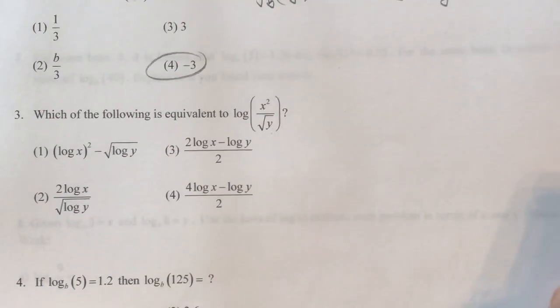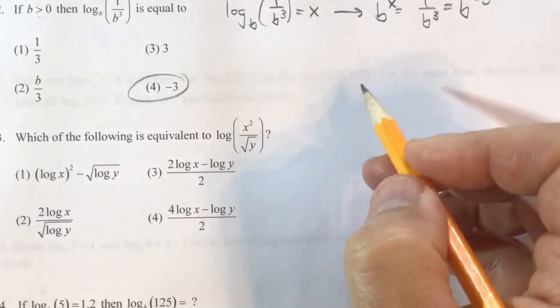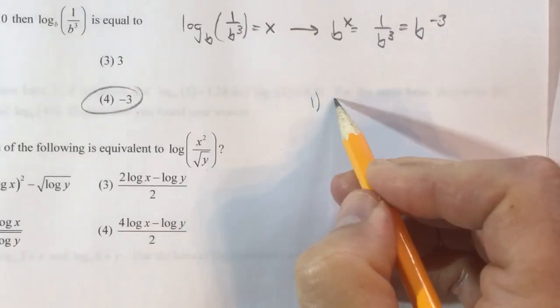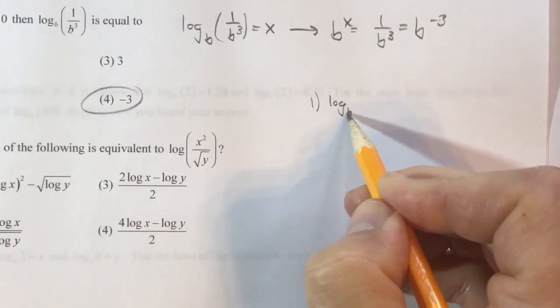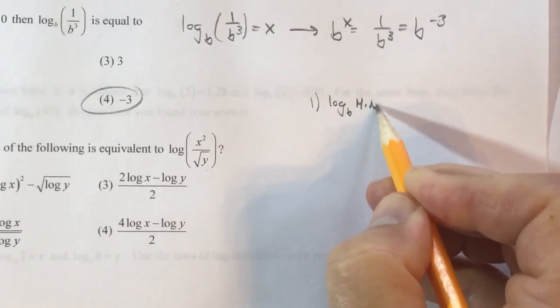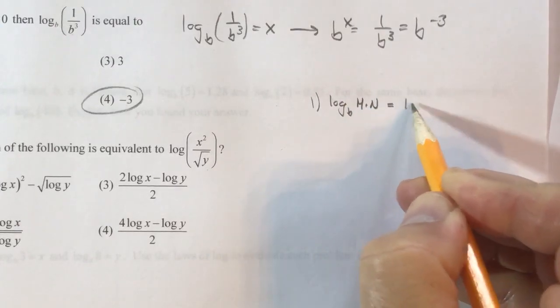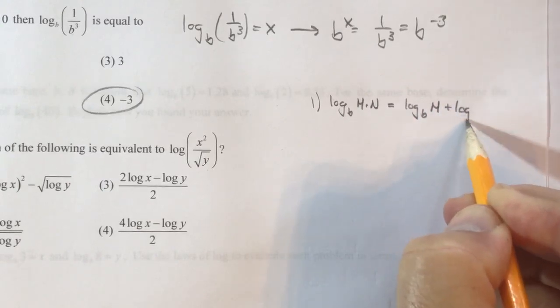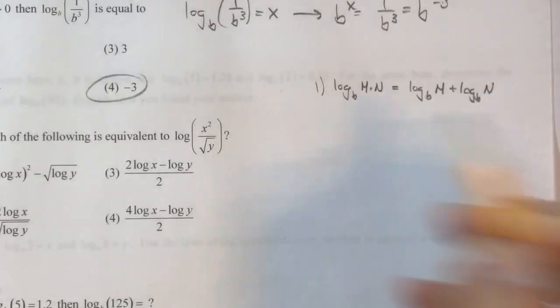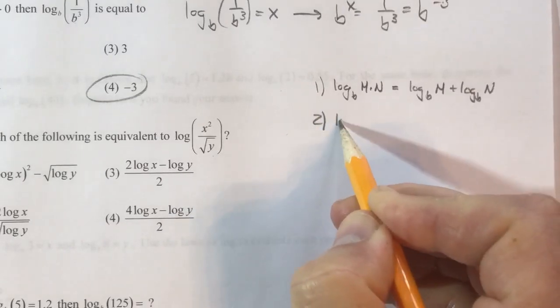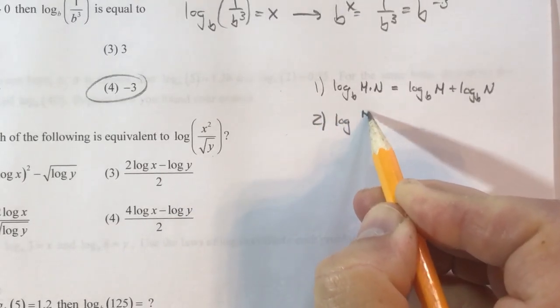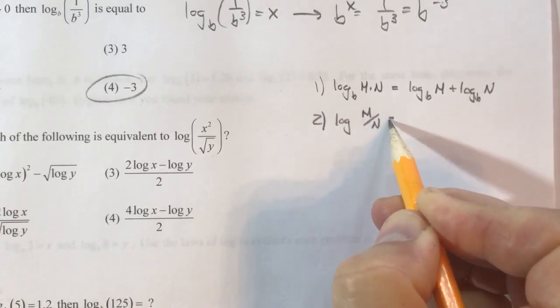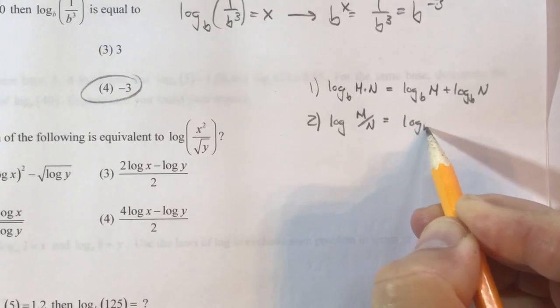All right. There are 3 laws of logs. I'm going to write them down here. So multiplication breaks up into addition. And if you buy that one, then you should have no trouble with division becomes subtraction.